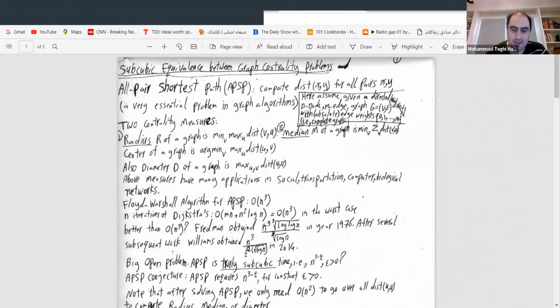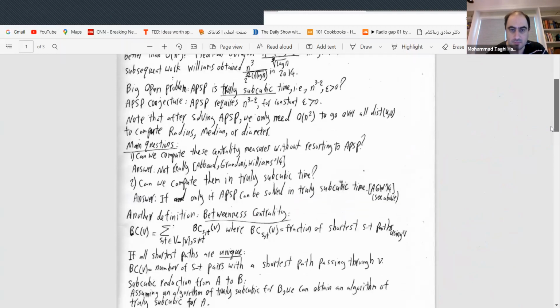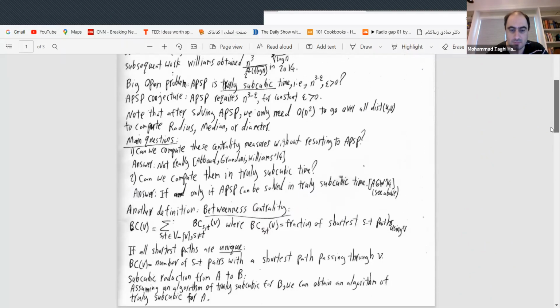Now the question is that, good, this is the main question that we have. This is a conjecture that we don't have any proof for.